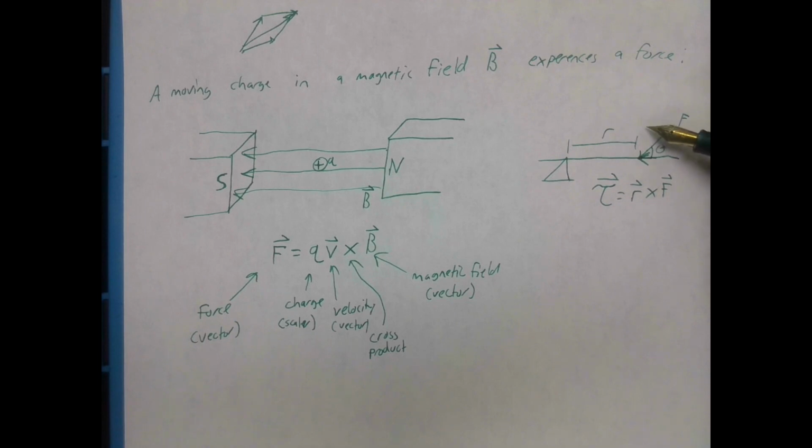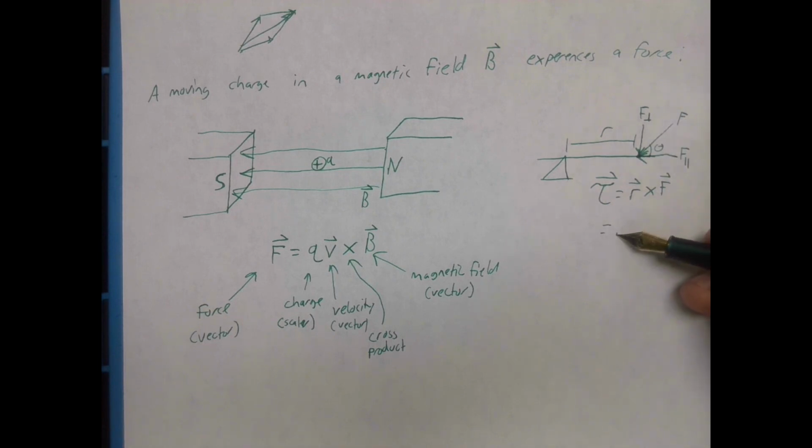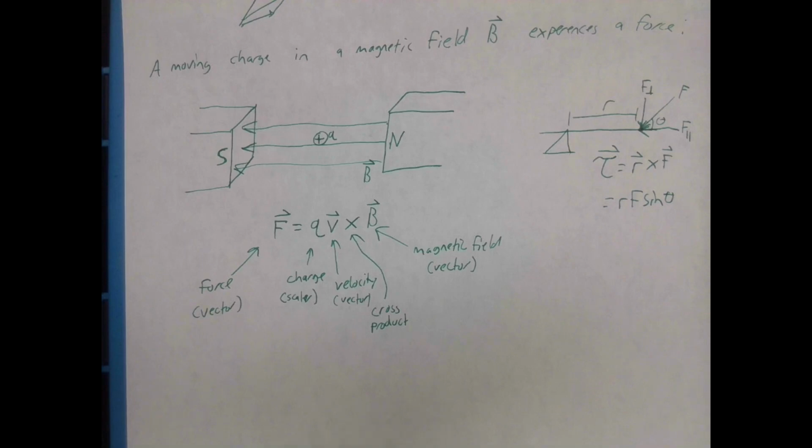So, only the perpendicular force component. So, this is the perpendicular. This would be the parallel. Only the perpendicular. So, it would be equal to r F sine of theta. Only the perpendicular component actually mattered. So, same thing here. Only the perpendicular component is going to actually contribute.